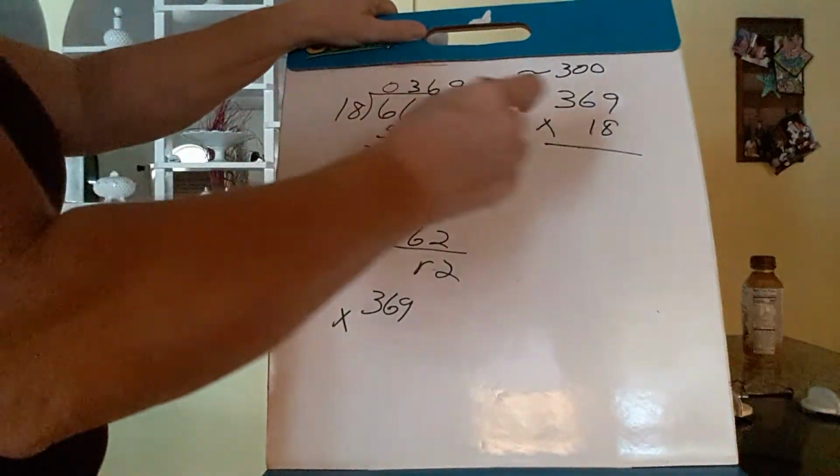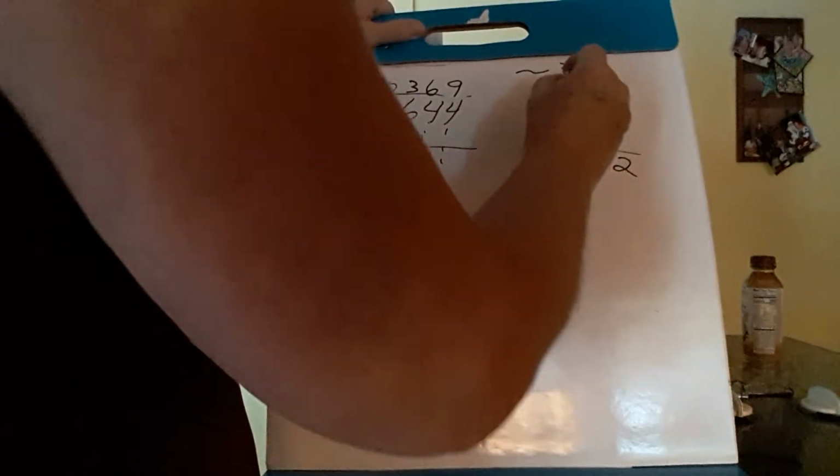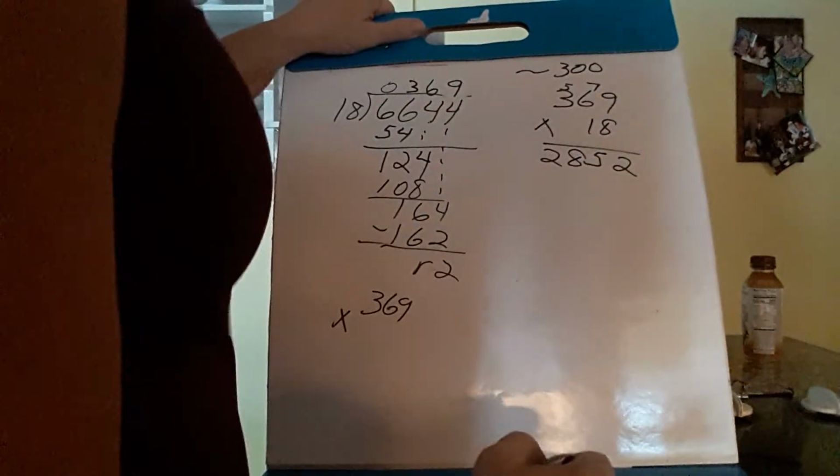Now let me do it over here so it's larger. 369, and you can see it because I was getting towards the end of the board, times our divisor, okay? 8 nines are 72. 48 plus 7, 55. 8 threes are 24, plus 5 is 29.